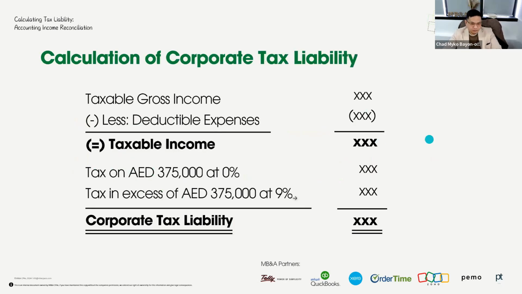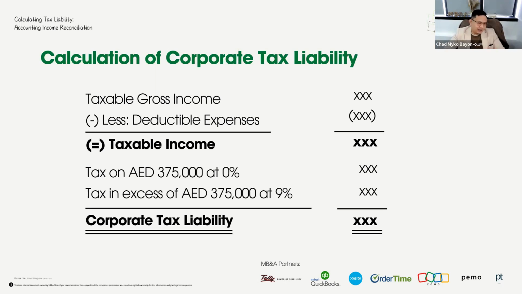The reason being is that in most other countries, there are itemized deductible expenses. In some cases, those itemized deductible expenses are not the same as the accounts used by the companies. Because of that, it might be a bit tedious for the taxable person to file for corporate tax, because they need to identify, okay, instead of having travel and allowances, they have to transfer it to transportation expenses and reclassify it.